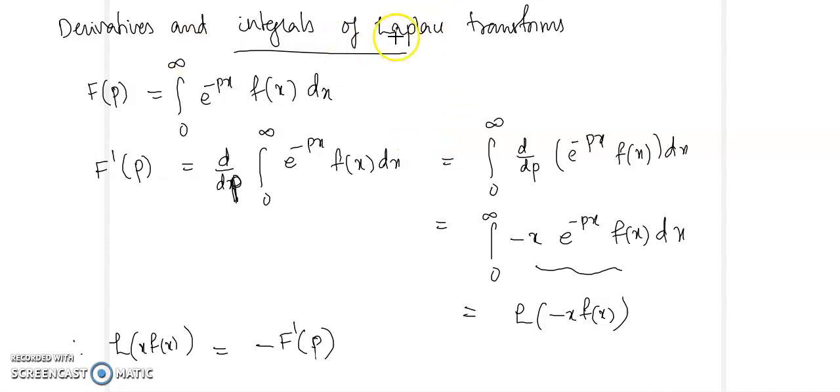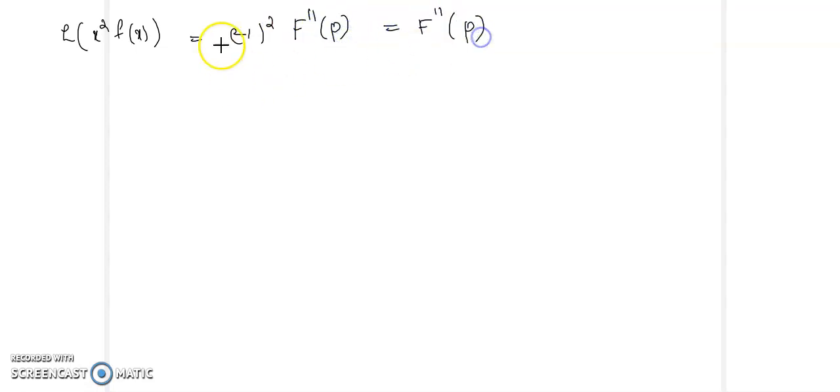Now similarly, when you differentiate it twice, L of x square f of x will be minus 1 whole square f double dash of p, which is f double dash of p.